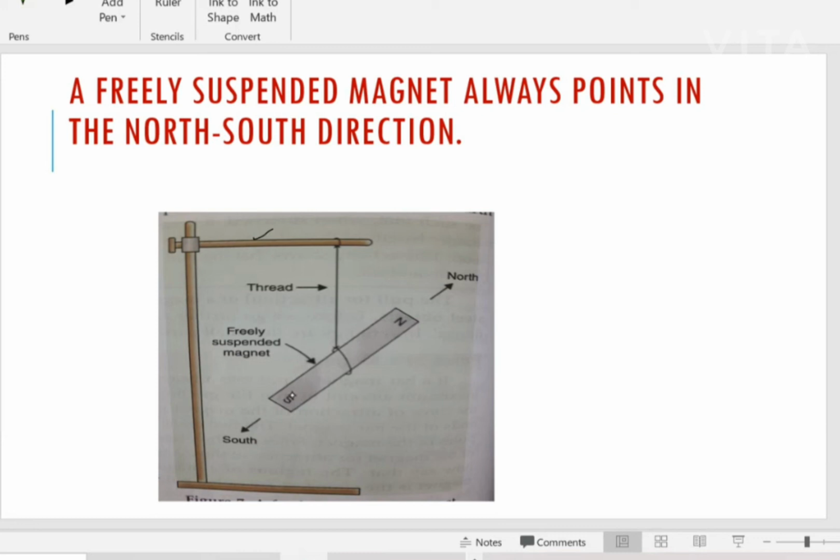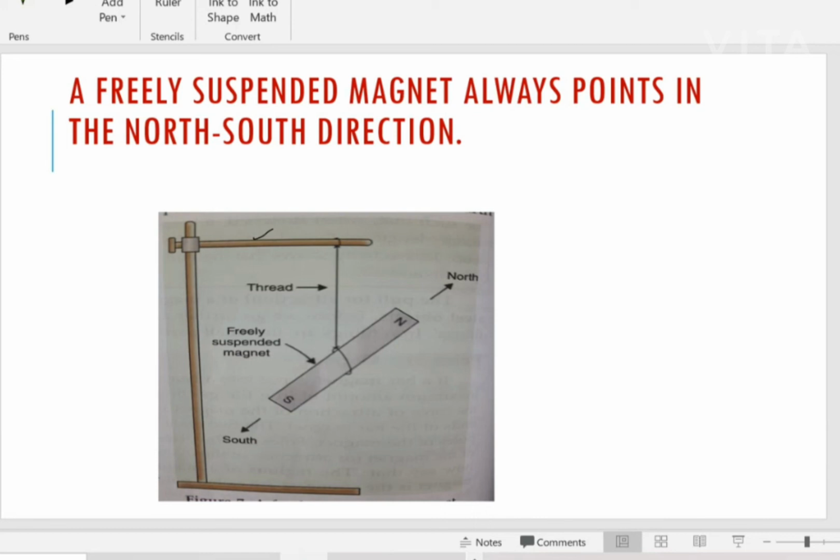On it you have south and north directions labeled. First you have to tie the thread to a bar magnet, then hang it from the clamp, then leave it freely. You should not touch the bar magnet for performing this activity. After hanging, leave it freely.